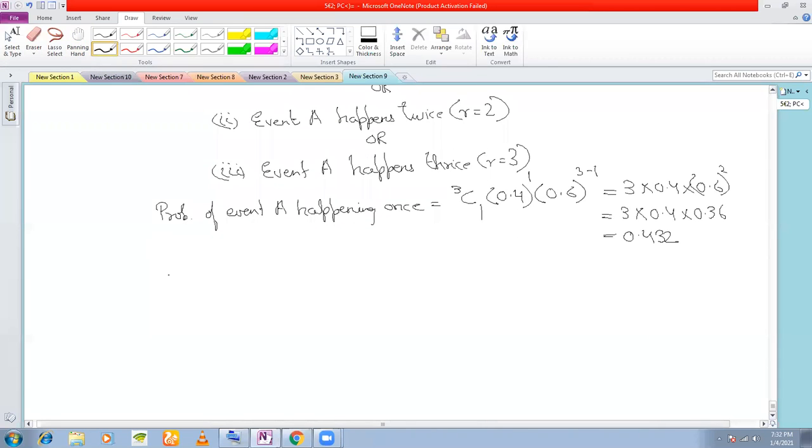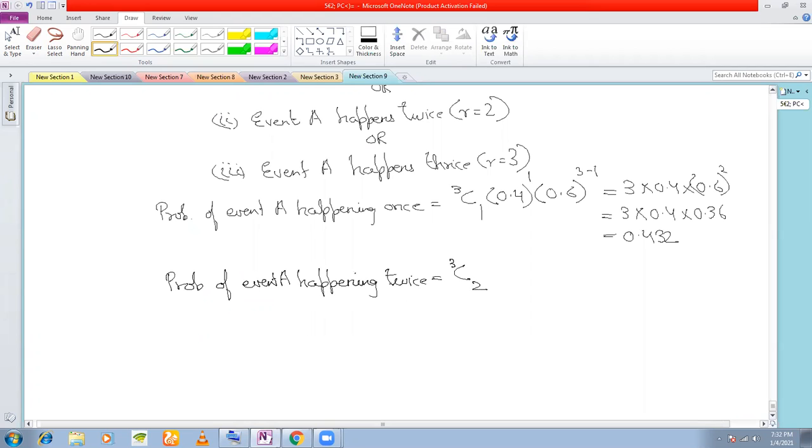Okay, next one. Probability of event A happening twice. n is 3, r here is 2.